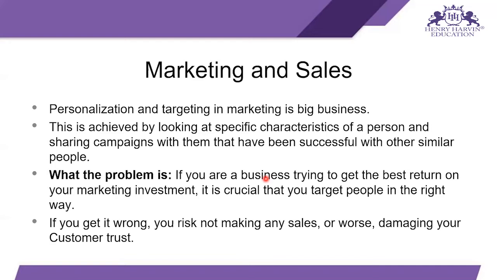This is achieved by looking at specific characteristics of a person and sharing company campaigns with them that have been successful with other similar people. If you are a business trying to get the best return on your marketing investment, it is crucial that you target people in the right way. If you get it wrong, you risk not making any sales, or worse, damaging your customers' trust.